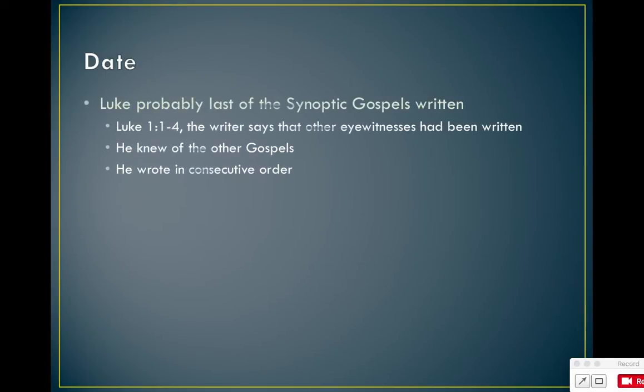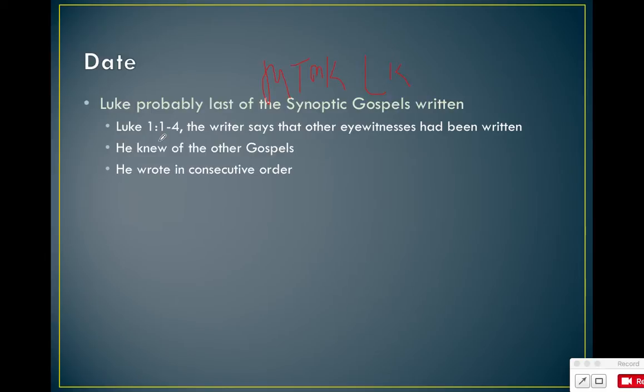Now, we talk about the date. Luke was probably the last of the synoptic Gospels. Remember, those are Matthew and Mark. Oops, forgot my M. Mark and Luke. Luke 1 tells us, the writer says, that other eyewitness accounts have been written.